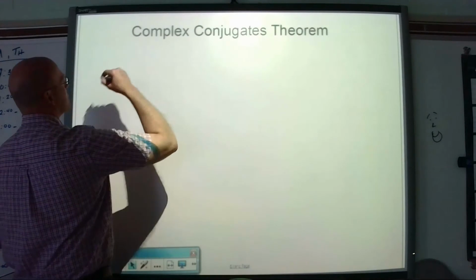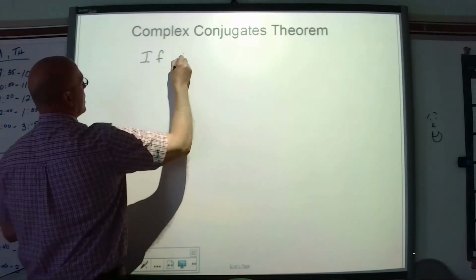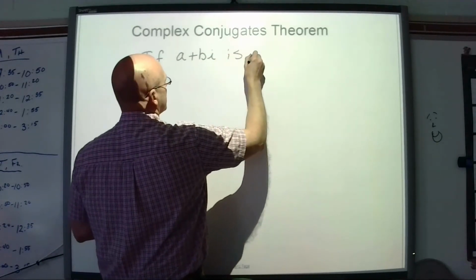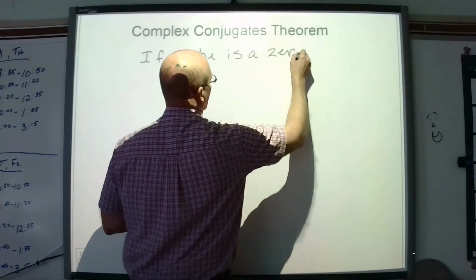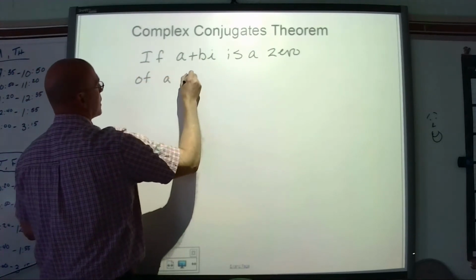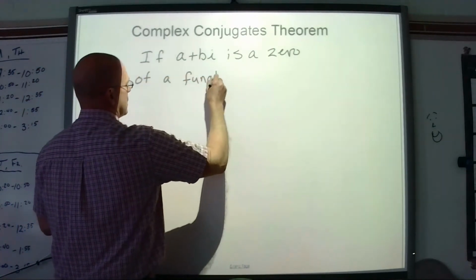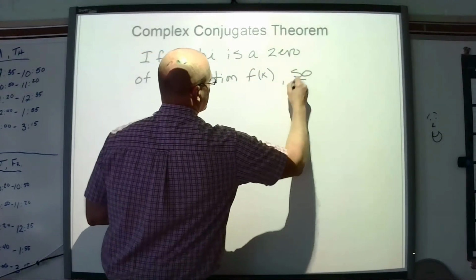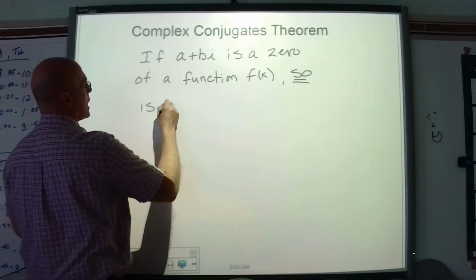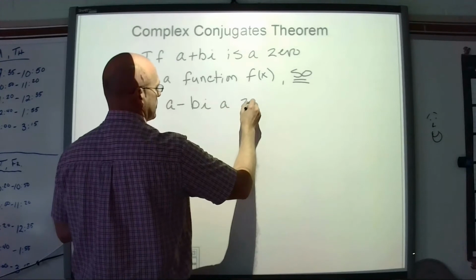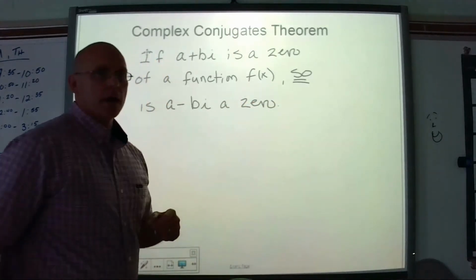Okay? Here's what it says. If a plus bi is a zero of a function f of x, so is a minus bi a zero. Okay?